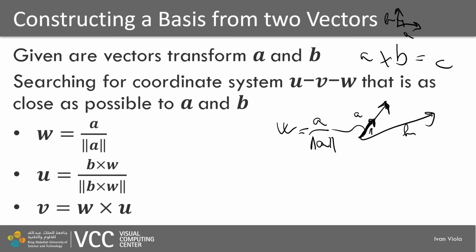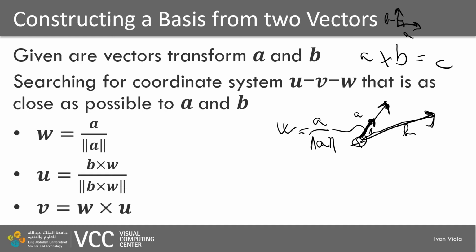The cross product between those two vectors will be a vector which is pointing into the screen, into the whiteboard, into the slide, and it is of length 1.